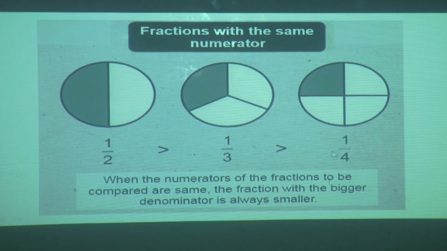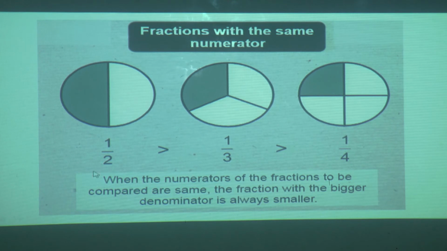The higher the denominator, the lower the fraction. Again I am saying, if the denominator is a big number, then the fraction will always be small.